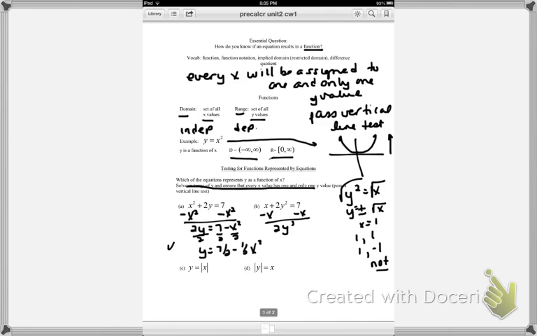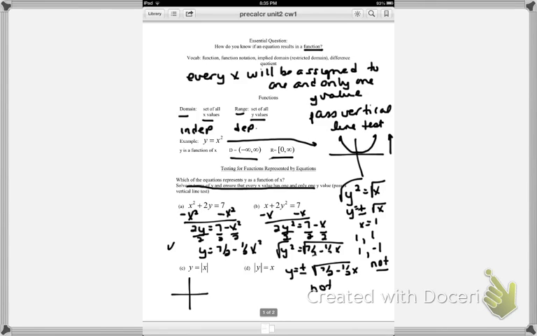So when we get down here and we divide by 2, we're still left taking the square root of this. And when we take the square root, we get a plus and a minus. And that gives you two y values for one x. That is not a function.